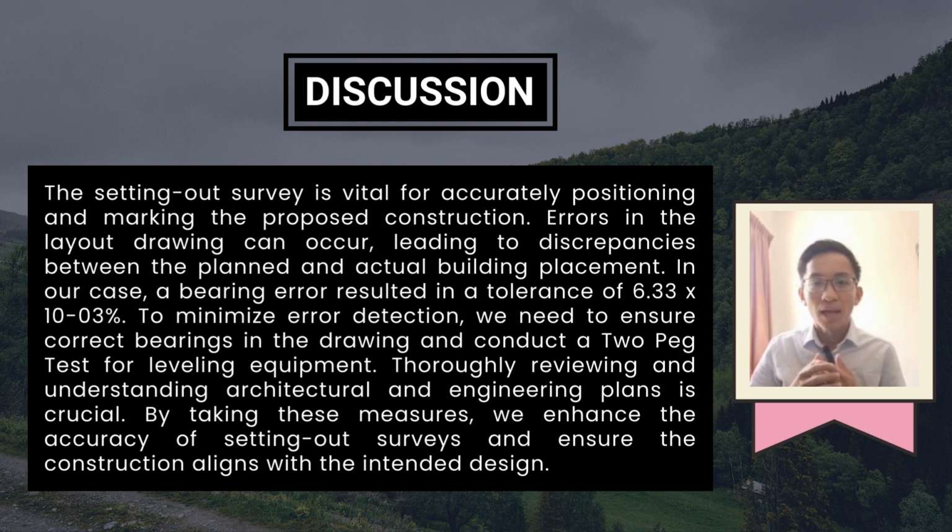To minimize error detection, we need to ensure correct bearings in the drawing and conduct a two-peg test for leveling equipment. Truly, reviewing and understanding architectural and engineering plans is crucial. By taking this measure, we enhance the accuracy of setting out survey and ensure the construction aligns with the intended design.